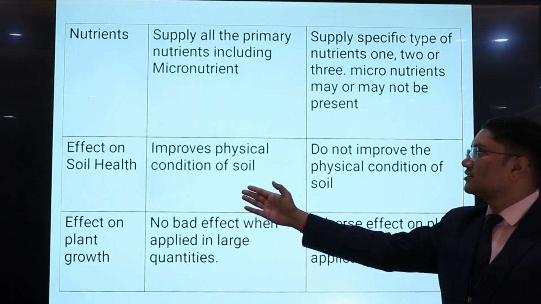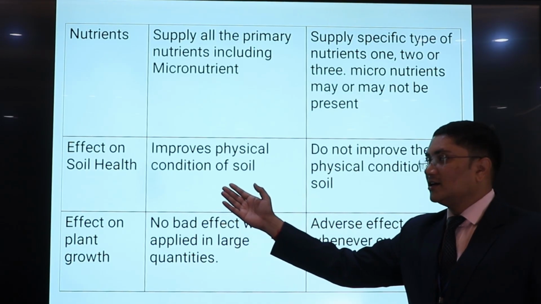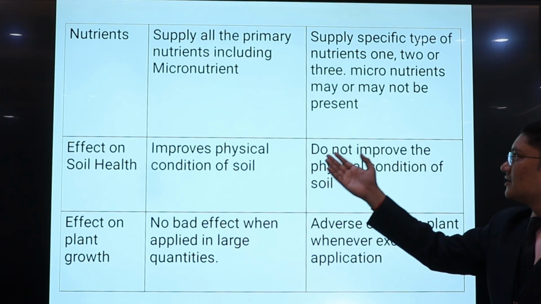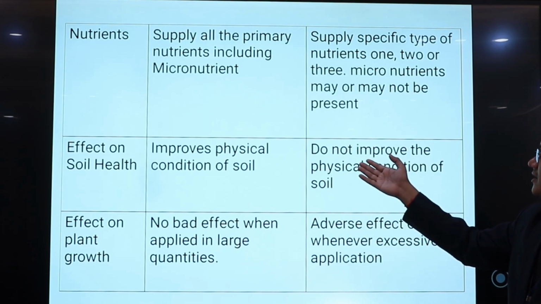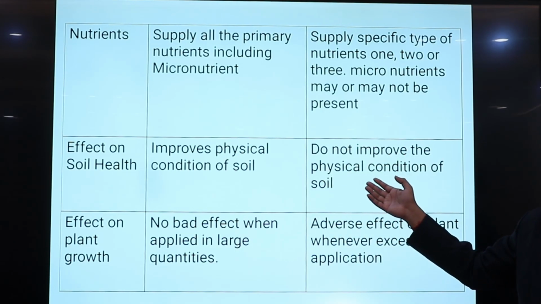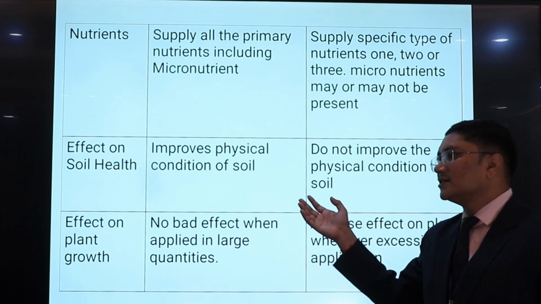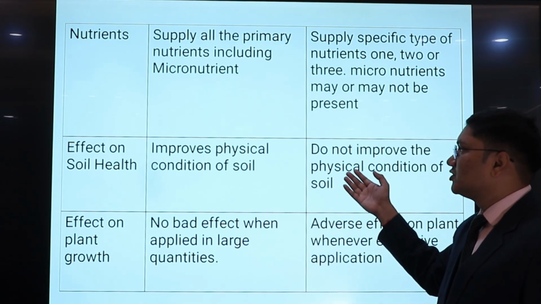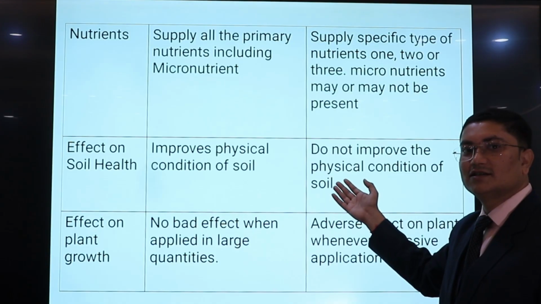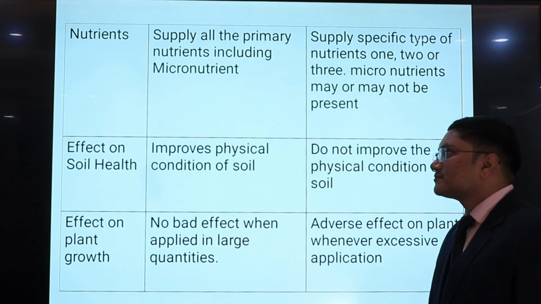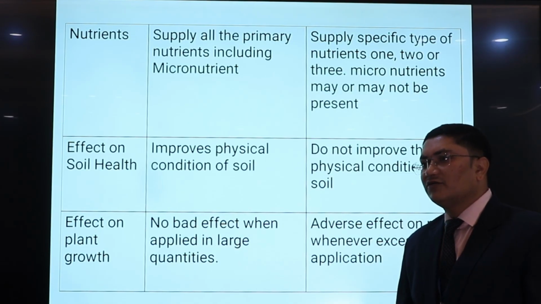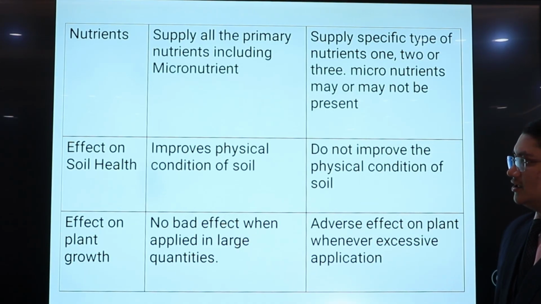And on effect on soil health, manures improve the physical conditions of the soil, while fertilizers do not improve any physical condition but deteriorate it. By the residual effects of chemical fertilizers, they also deteriorate our soil, change the soil nature, and affect the pH also.